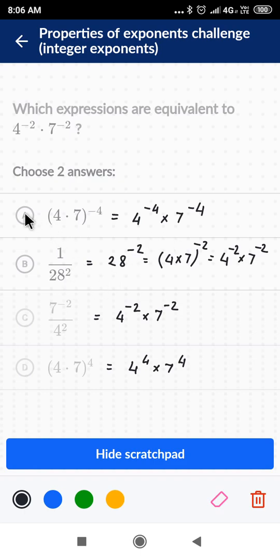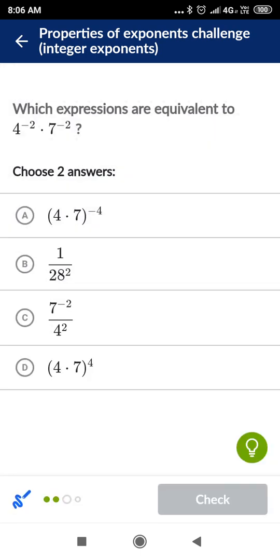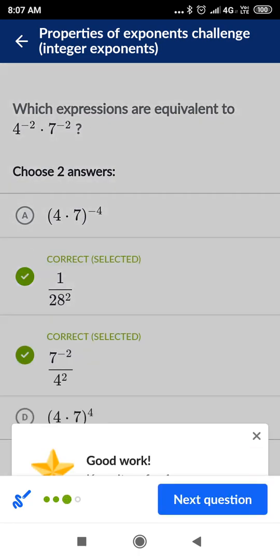A is not the answer. B is correct. C is also correct. And D is not correct. So B and C are the answers.